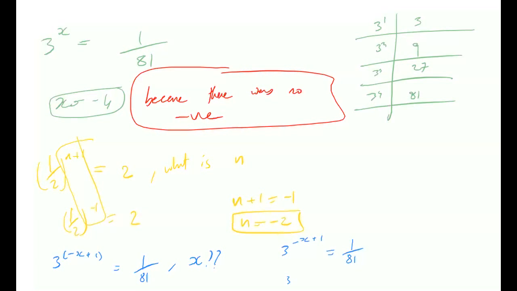We know that 3 power negative 4 is equal to 1 over 81. So negative x plus 1 is equal to negative 4, right? So x will be 4 plus 1, that will be 5. Yes, you are right, Omar. Salma, did you get it? Yes, good.